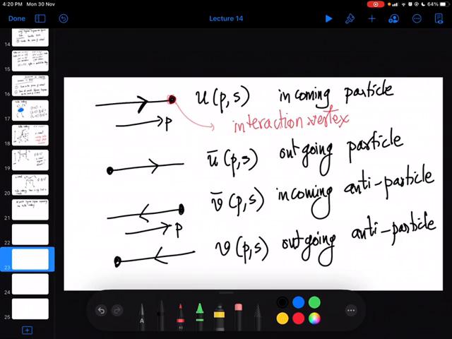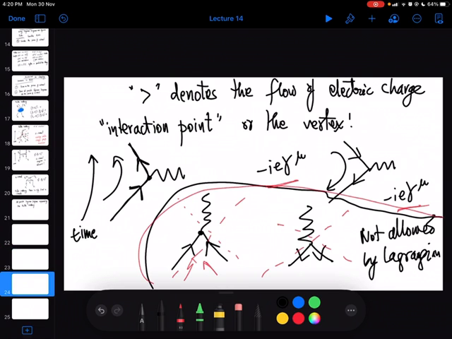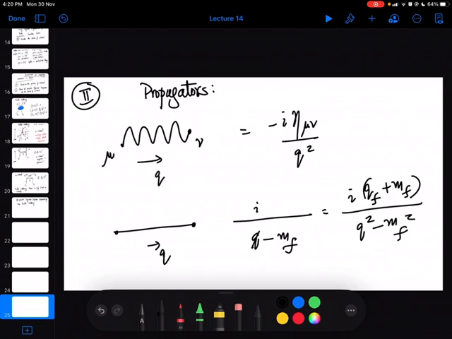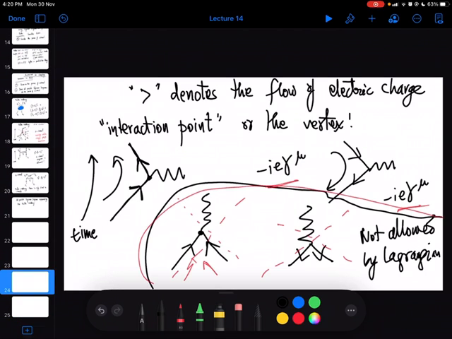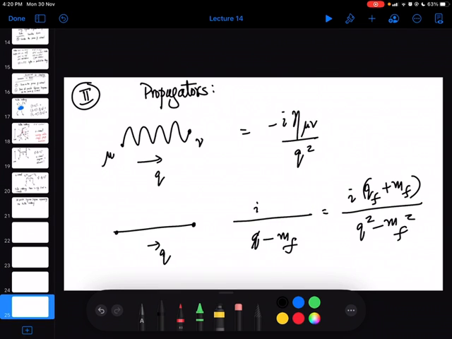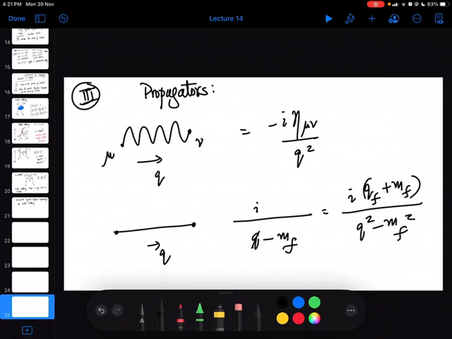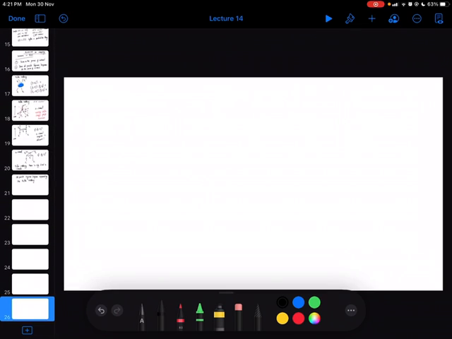So the Feynman rules, let's write them down. We have written the incoming and outgoing charged particles, then the vertices, then the propagators for the photon and electron.